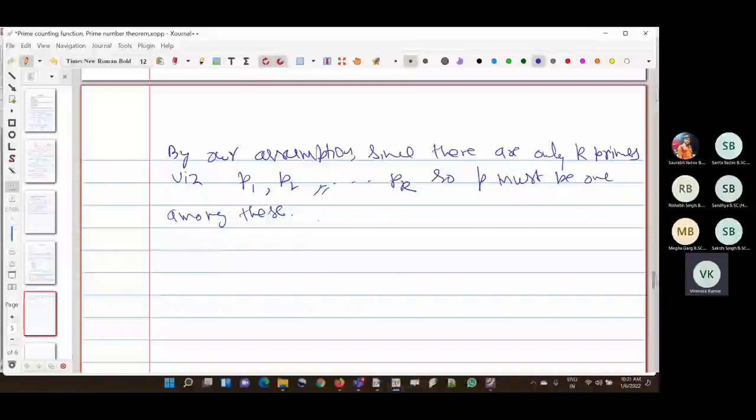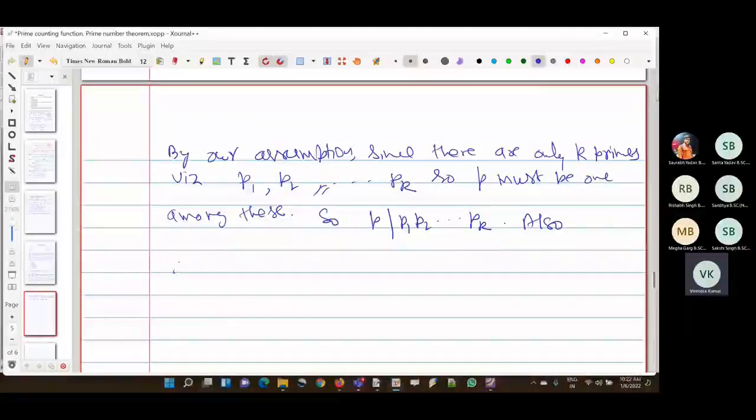So p must be among these. And so p must divide their product too. So p must divide p1, p2 up to pk, because p is among these p1, p2 up to pk. Fine.